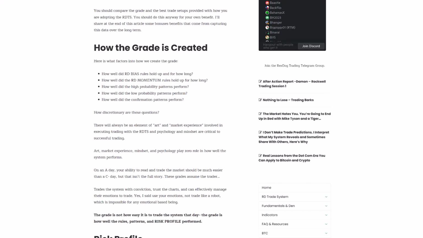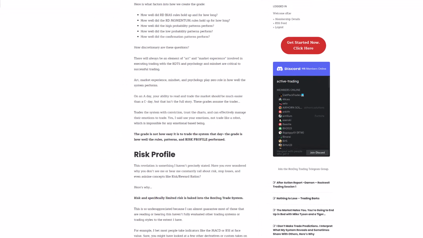This is completely objective. When I do these grades, I don't want to get an A grade. I don't care what the grade is. I want to objectively see how well the system performed, because if it's not performing, it needs adjustment. So for instance, on an A day, your ability to read and trade the market should be much easier than on a C- day. But that isn't the full story.